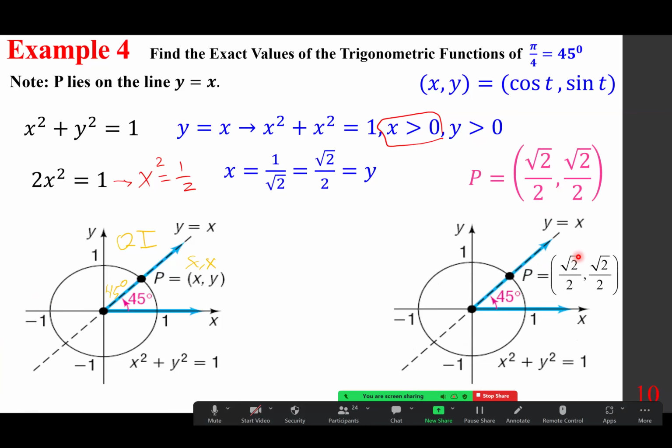So this represents cosine, this represents sine. What about tangent? Tangent is sine over cosine. The ratio of two numbers that are identical is 1. So if tangent becomes 1, so is cotangent.